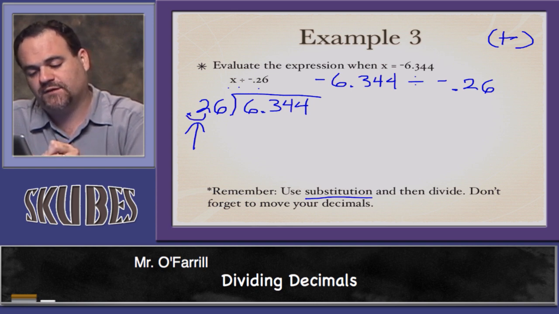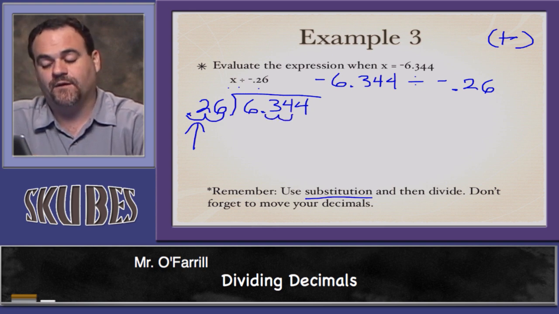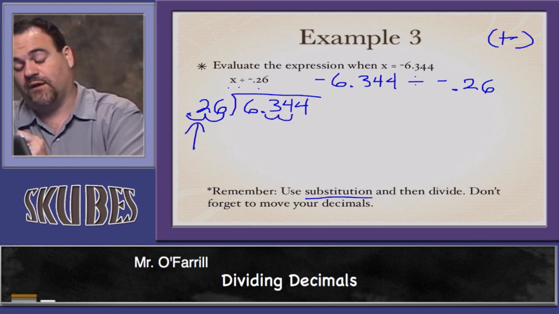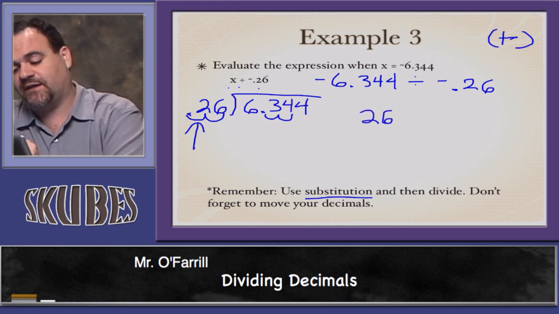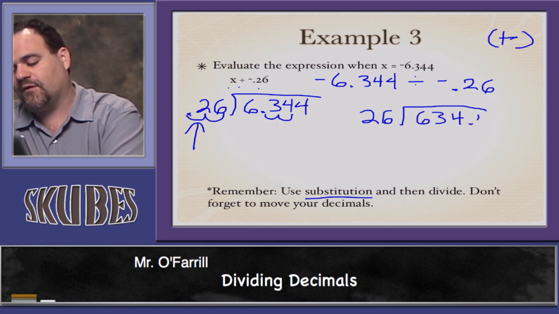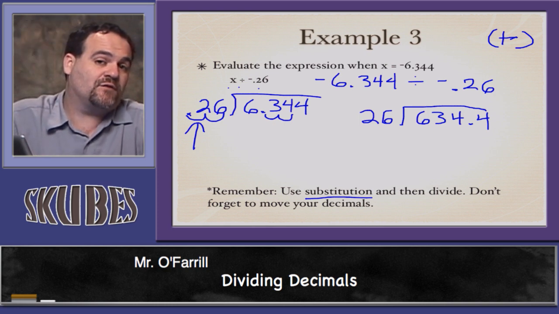So let's move it 2 spaces to the right, 2 spaces to the right. The problem that we're going to actually evaluate, or the expression, is we're going to divide the number 26 into 634.4.